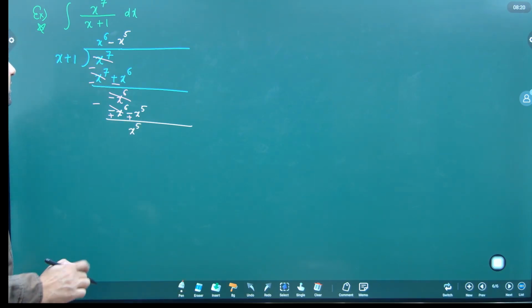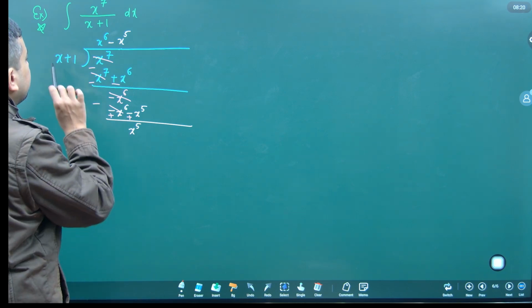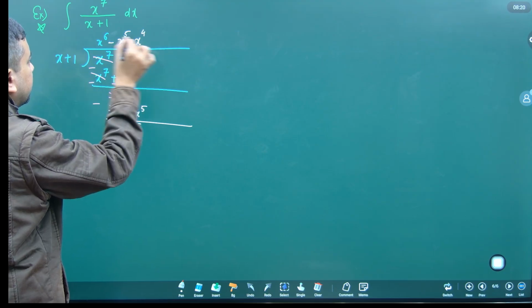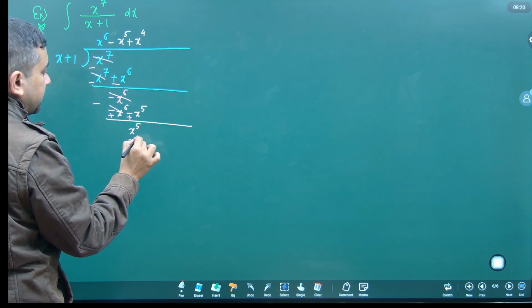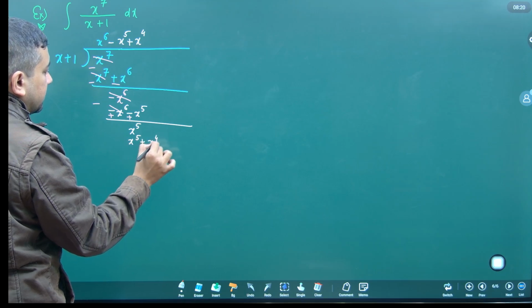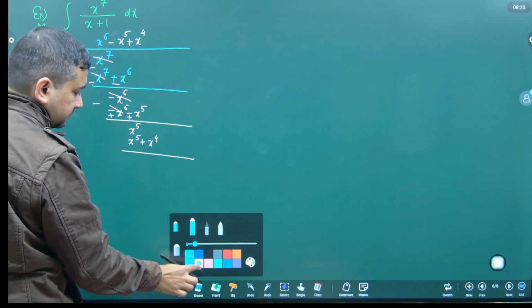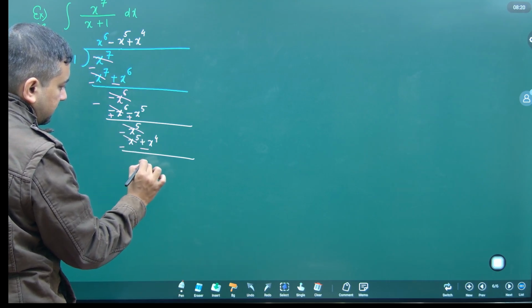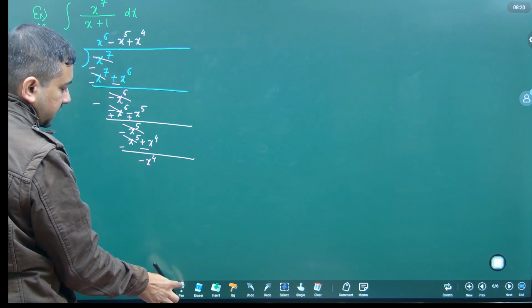Carry this division, x to the power 5 divided by x, multiply these two. So, it is x to the power 5 plus x to the power 4, minus, this gets cancelled, minus x to the power 4, correct?